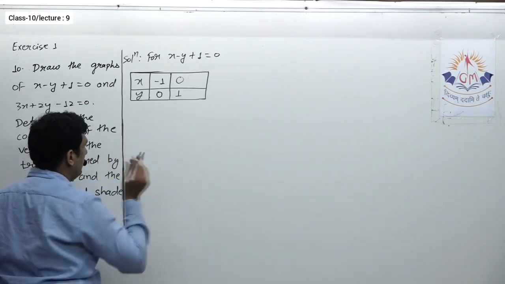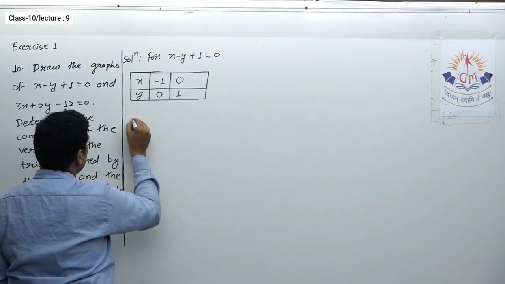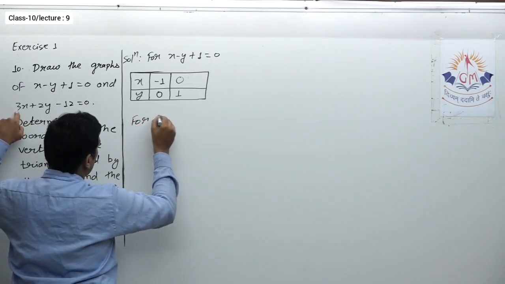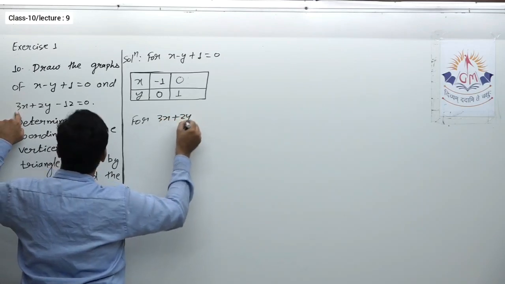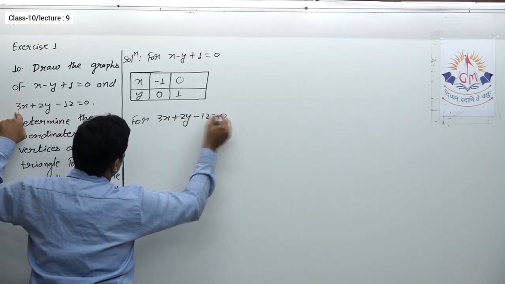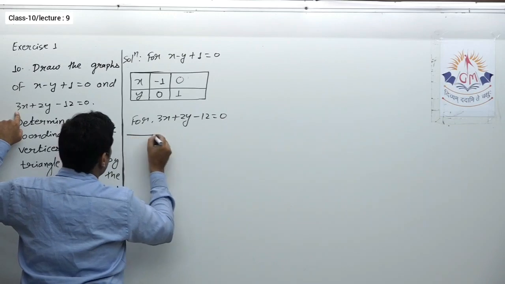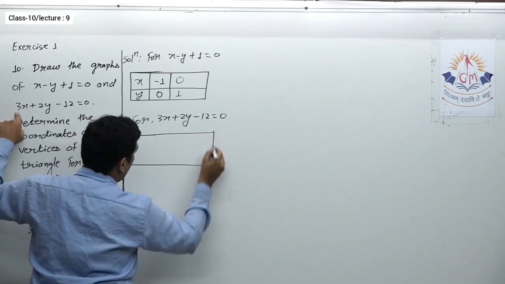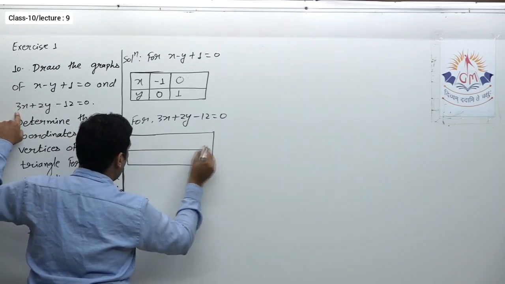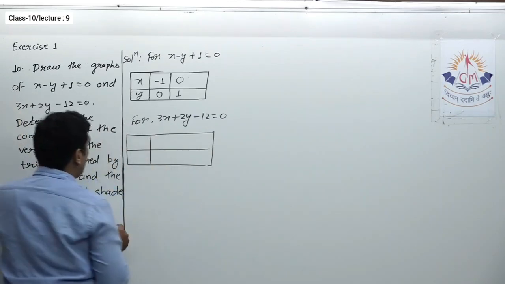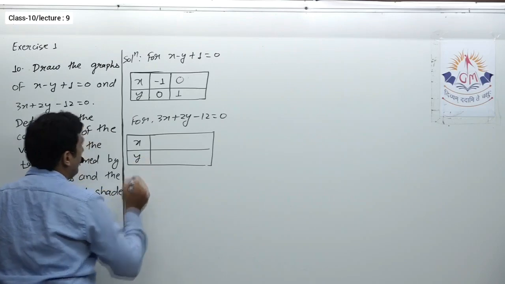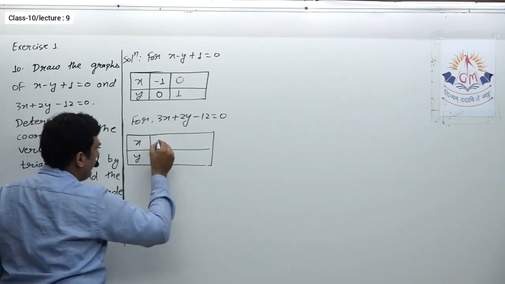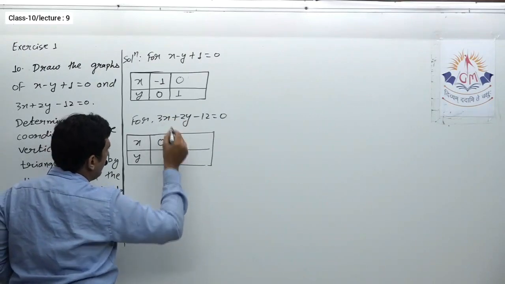Now for the second equation, that is 3x plus 2y minus 12 equal to 0. Here again we need to find two values of x and y to plot the graph. Suppose I put x equal to 0.